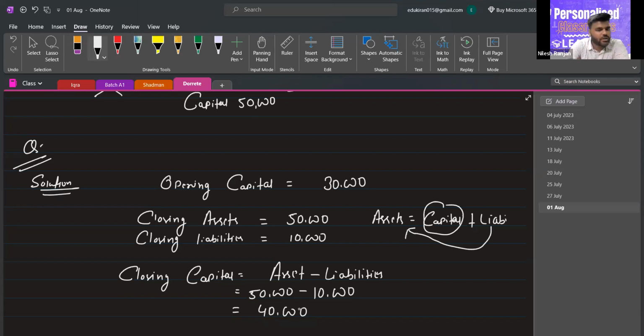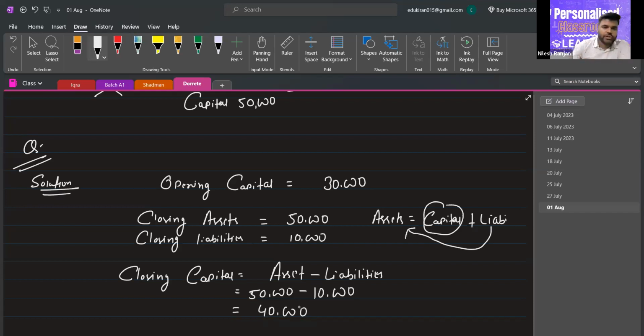Okay, now can you tell me the reason behind a decrease in capital? Loss, sir. Loss and drawings. Yes, when you withdraw money from the business, it will decrease your capital, and loss also decreases your capital.